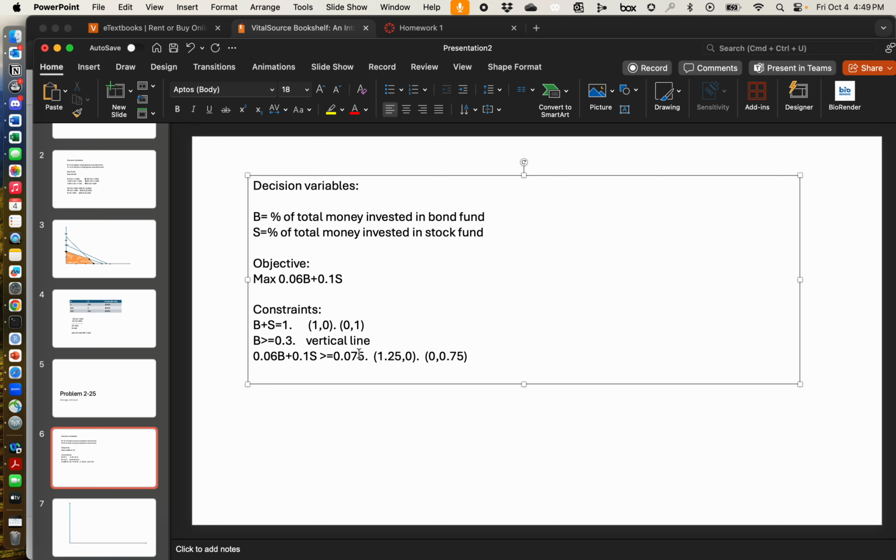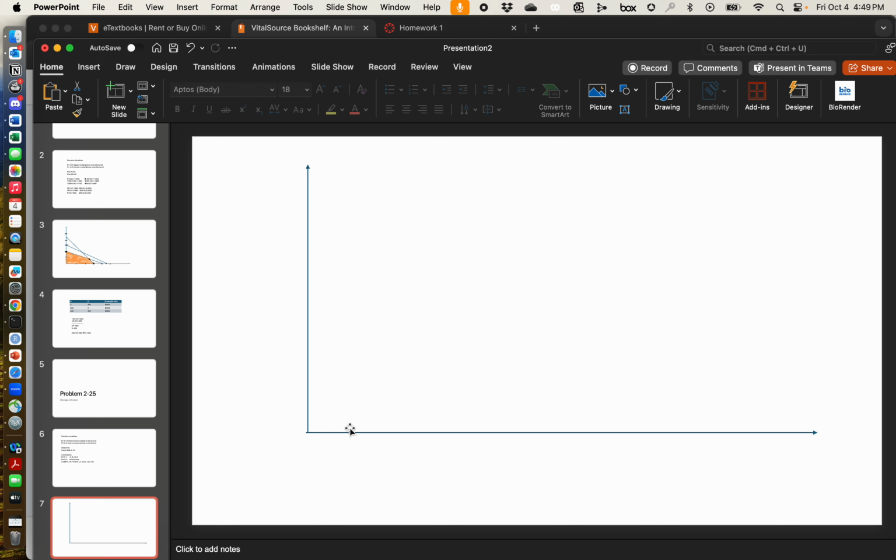All right, so let's plot these now. Let's begin with this. So 1 comma 0. It looks like I have 1.25 here, 0.75. So it should go in increments of 0.25.